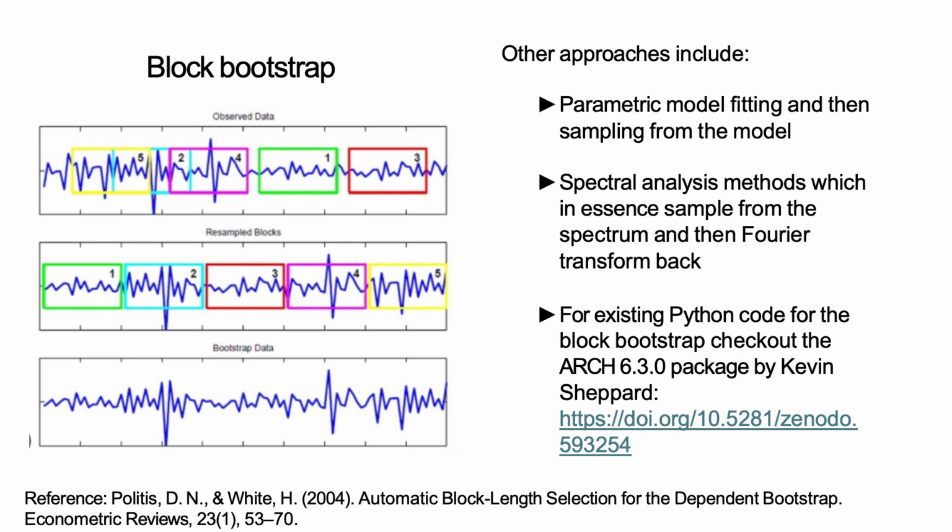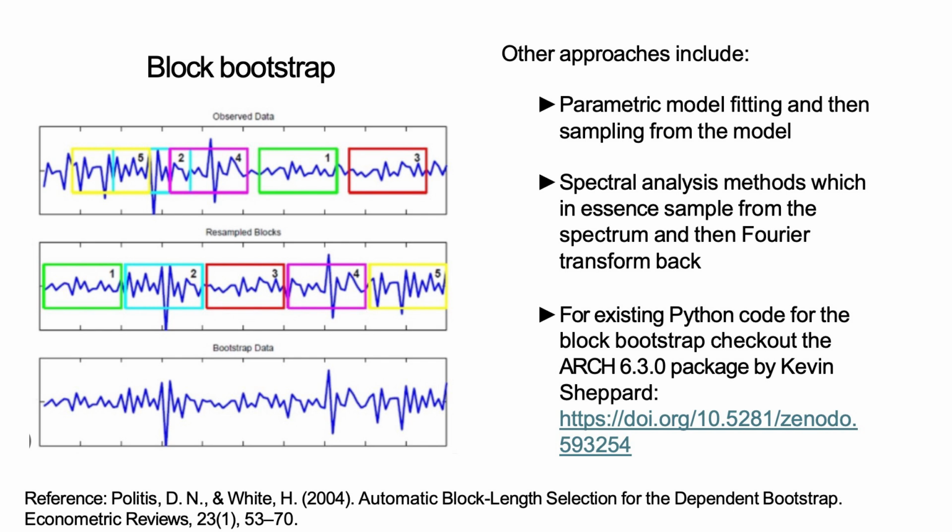Some other approaches include doing some parametric model fitting and then using the model's properties and uncertainties. This is a little bit like your question earlier about if you have a model with uncertainties, you can sample from the model if it's stochastic.